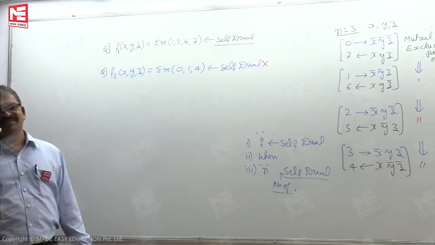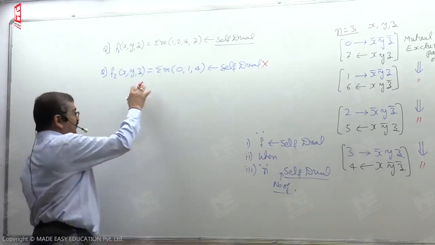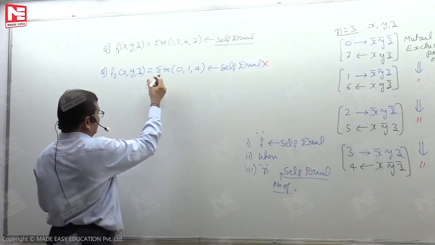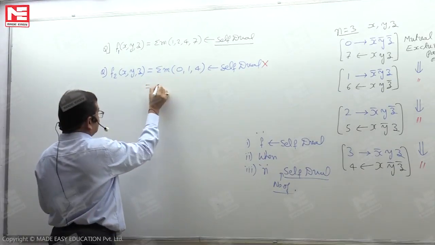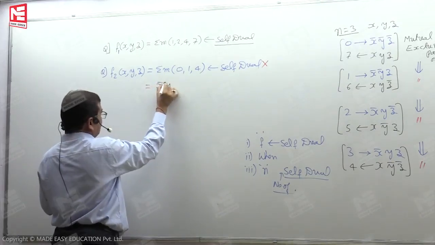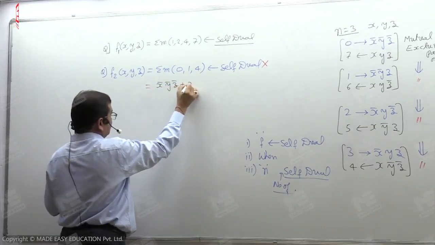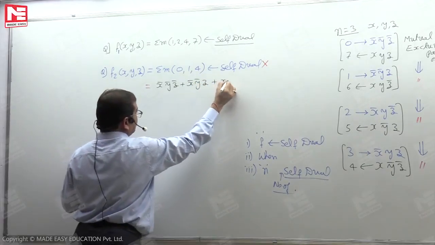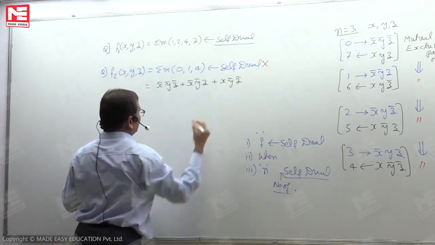If you write here, we are having 3 products. For clarity I am writing; there is no need of writing all this work basically, but for more clarity I am putting it here.